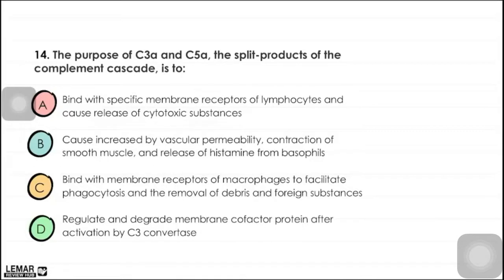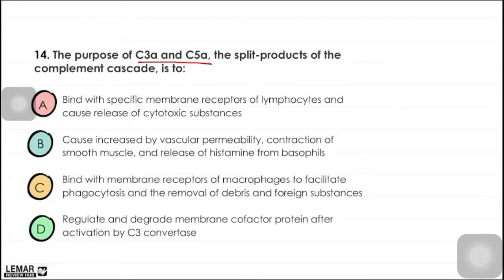These components are considered your anaphylatoxins. These anaphylatoxins will cause the basophils as well as the mast cells to release histamine, causing smooth muscle contraction and, again, vascular permeability.